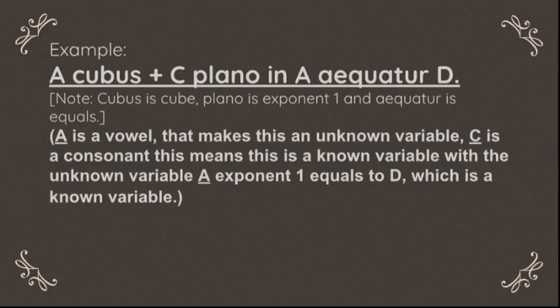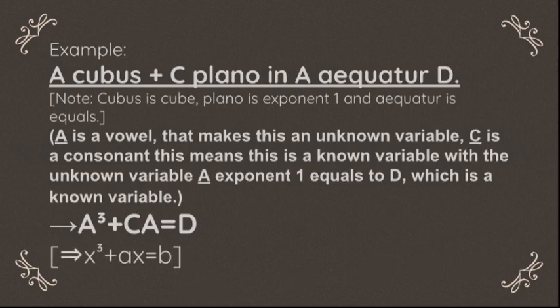If we write this in a symbolic form, we would come up with A cubed plus CA equals D. We must always remember Viète's rules, which is all variables or quantities must be in capital letter. If we convert this in modern terminology, we would come up with this one.